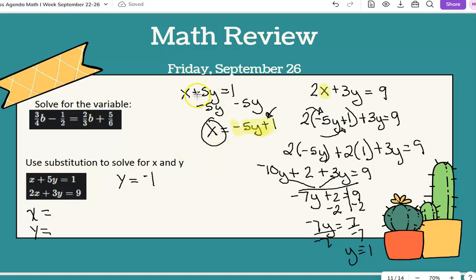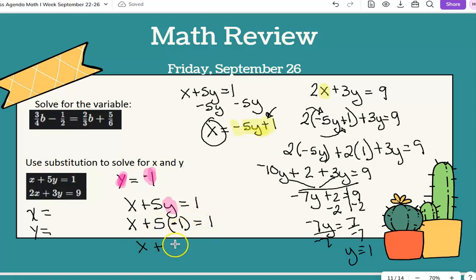And I'm going to plug it back in to x plus 5y equals 1. So I'm going to go x plus 5, and I now know that y equals negative 1. So everywhere there's a y, I'm going to plug in a negative 1. So instead of y, I'm going to put in negative 1 equals 1.